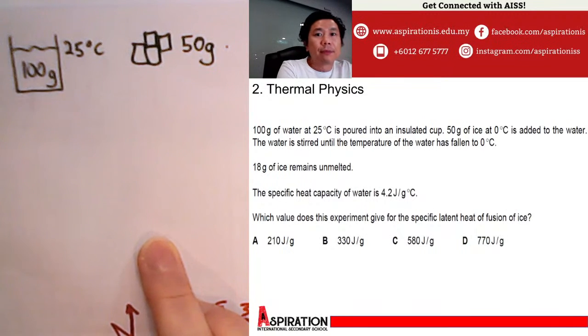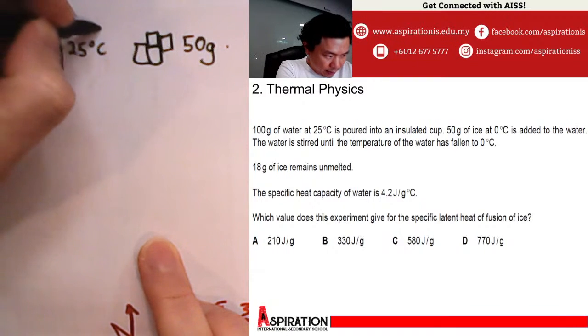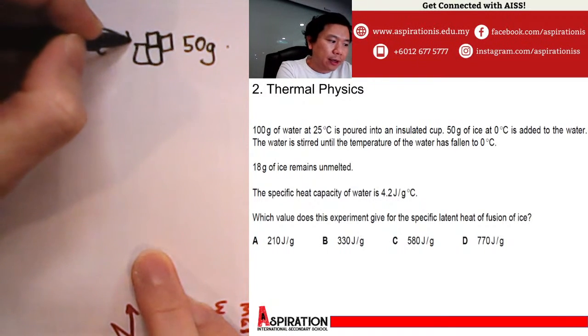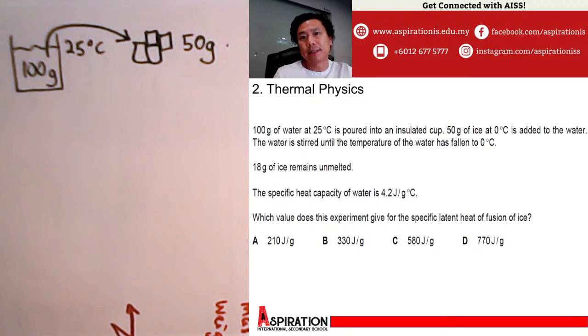All right, remember to ask any questions that you have. Now, the water is giving heat away to the ice, and the ice is accepting the heat. So remember, we assume that there is no loss of energy. When we do our calculations, we have to assume that there is no energy loss.